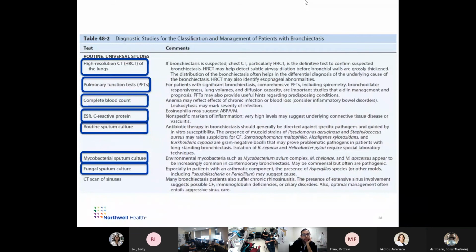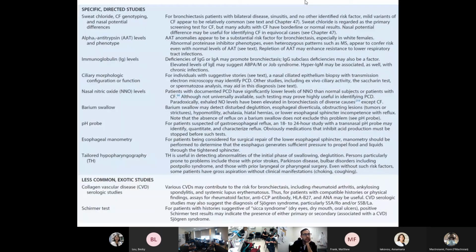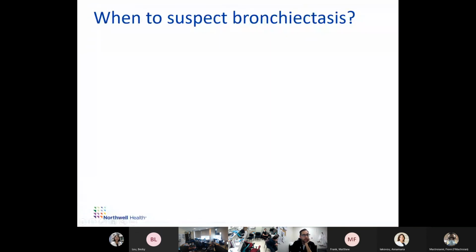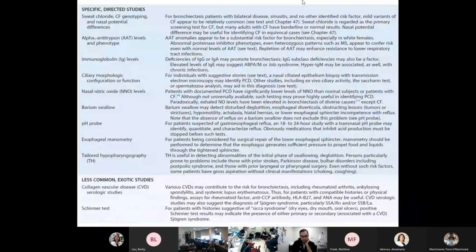In patients who have chronic rhinosinusitis, a CT scan of the sinuses may also be helpful in diagnostic and possible therapeutic implications. Other specific directed studies, we talked about measuring for cystic fibrosis, alpha-1 antitrypsin, immunoglobulin levels, and actually the British Thoracic Society and the European Respiratory Society both recommend checking immunoglobulin levels in all patients and IgE levels as well in all patients.